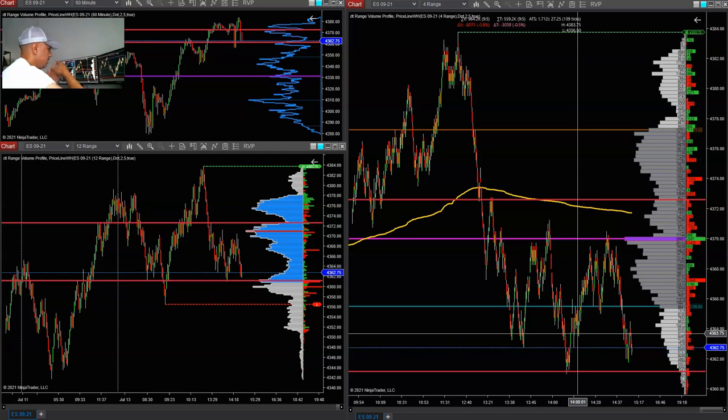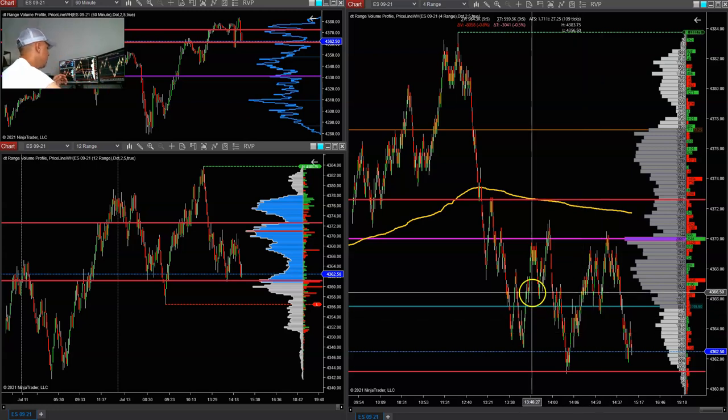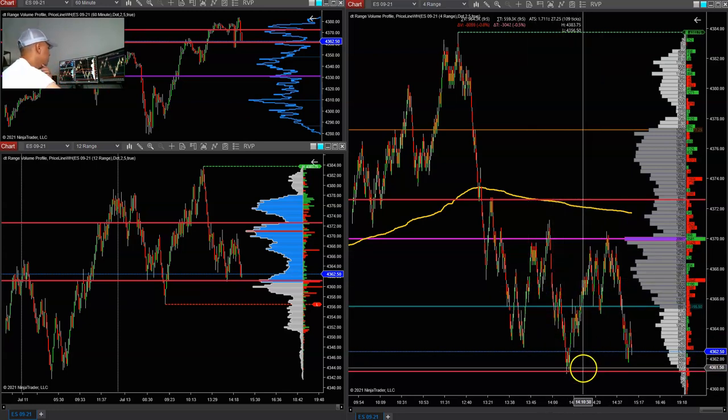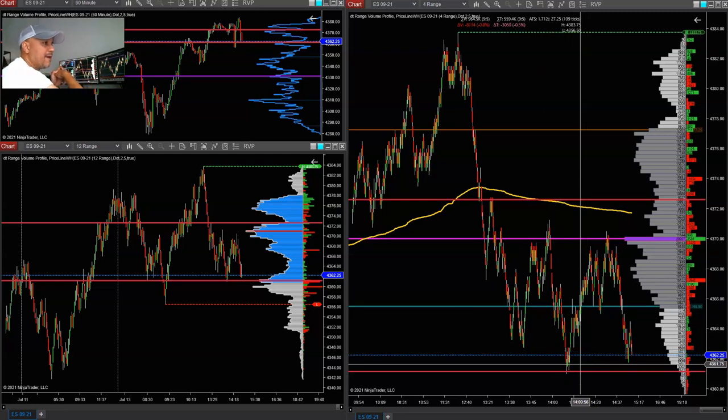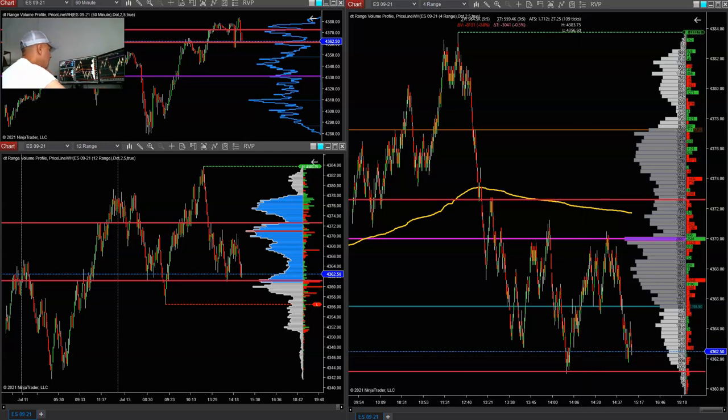And you could have taken a long, but to me, it wasn't the best entry area to take a long because we had some levels right here to where there wasn't a clear path to look for much of a profit. So I am waiting patiently, in all honesty.